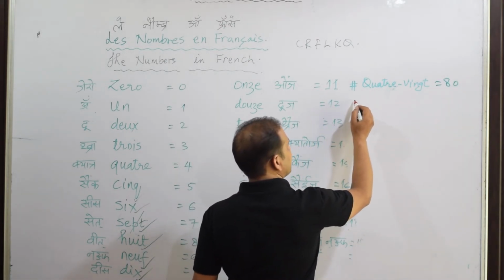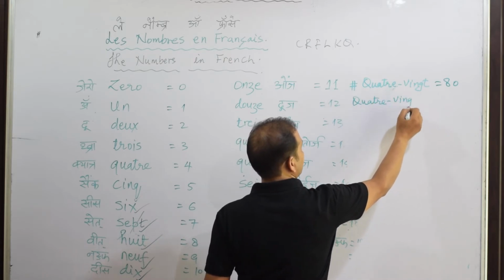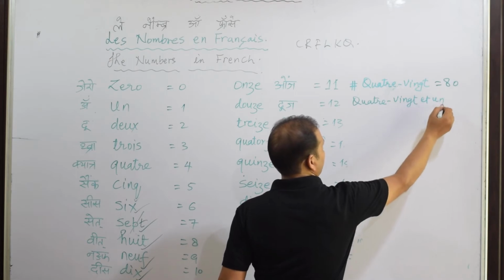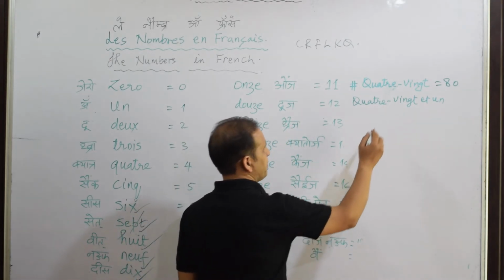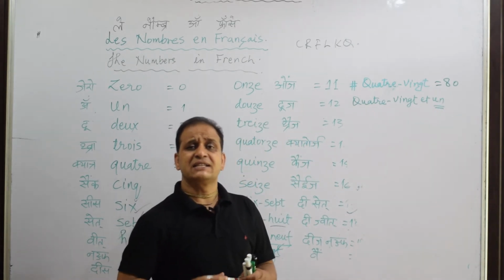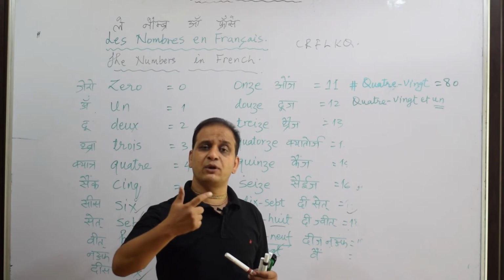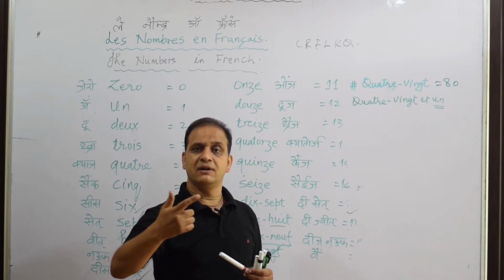And then how do they say 81? 4, 20 is 80. Again the old process came back. But so far you have learned that this et has always been coming with 21, 31, 41, 51, 61, 71.